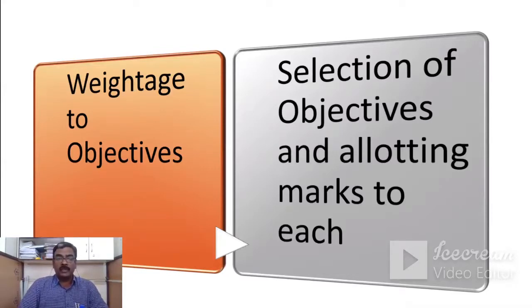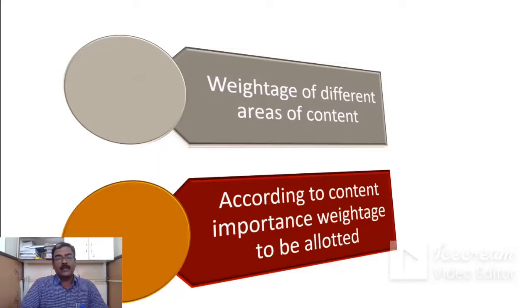So we must first fix the weightage of the objectives for the particular chapter, deciding which one is high and which one is low. In science, when we teach the students, we must expect the understanding objective to be high.